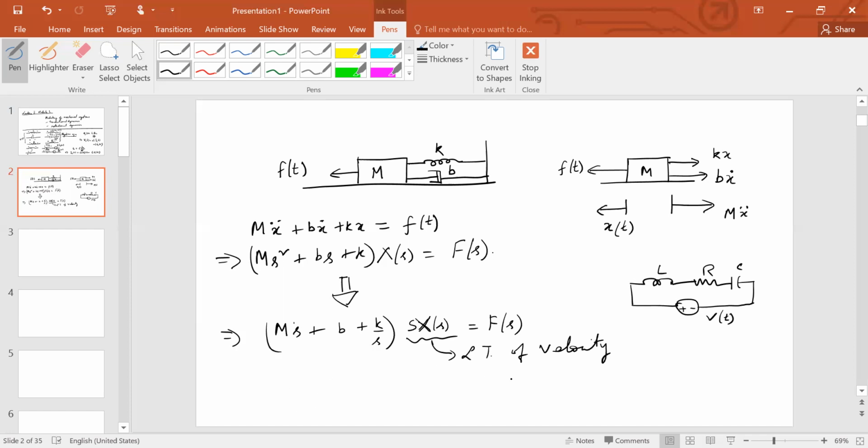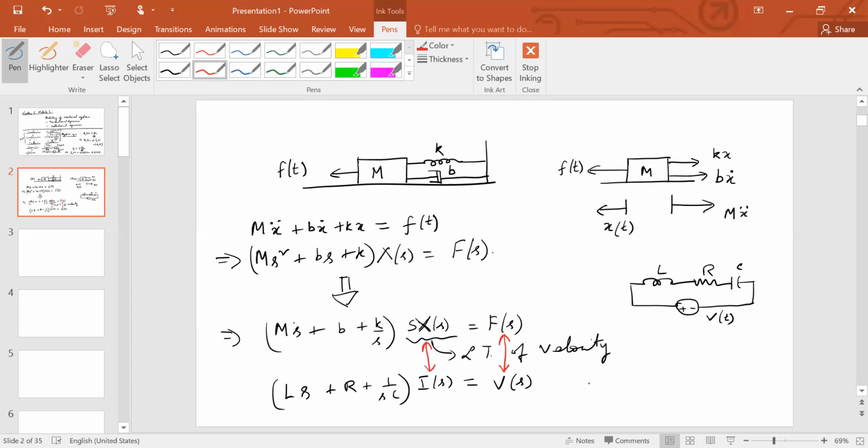So exactly in the same fashion as we wrote the equation for this, if I now write a one-to-one correspondence, you will immediately be able to see that this looks like Ls plus R plus 1 by sC times I of s is equal to V of s. So you see the immediate analogy here, right? The analogy is between the force and the voltage, the velocity and the current.